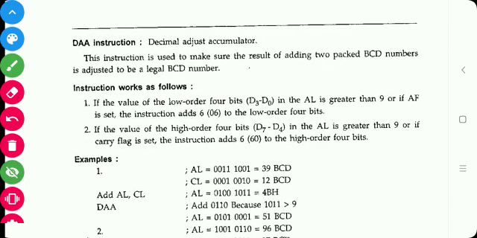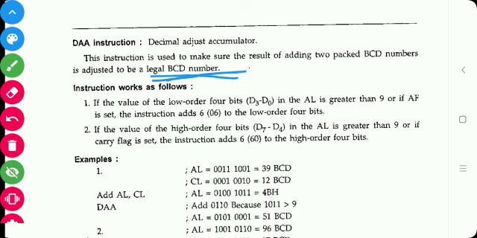First is DAA, decimal adjust accumulator after addition. This instruction is used to make sure that after adding two packed BCD numbers, the result is a legal BCD number. That means after addition, the result is automatically adjusted to a BCD number.